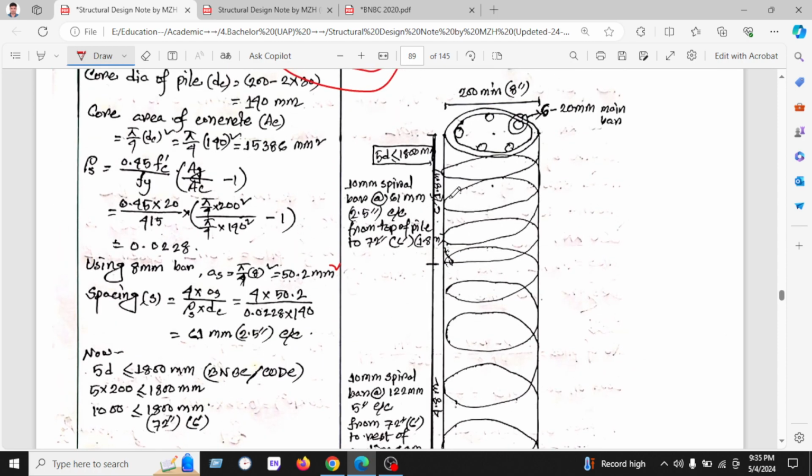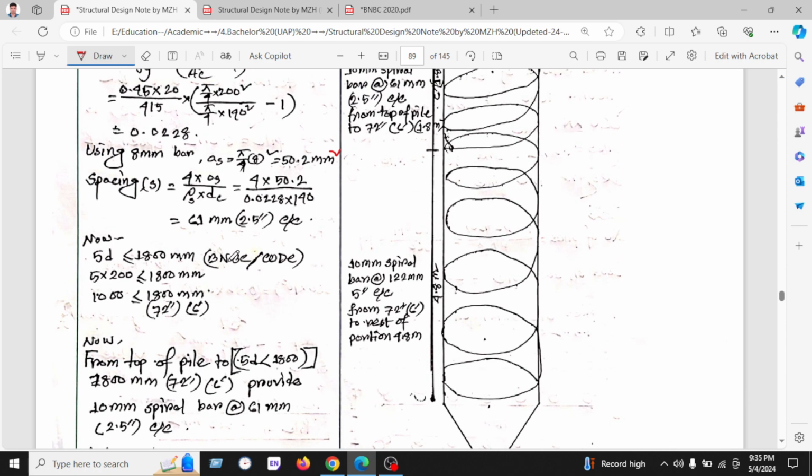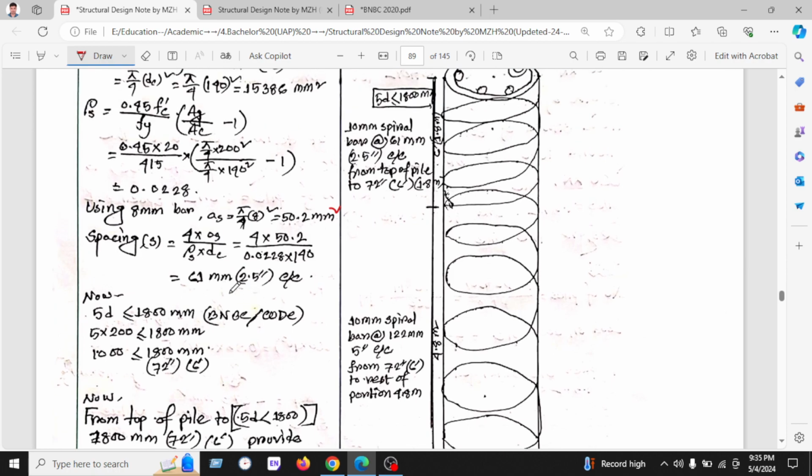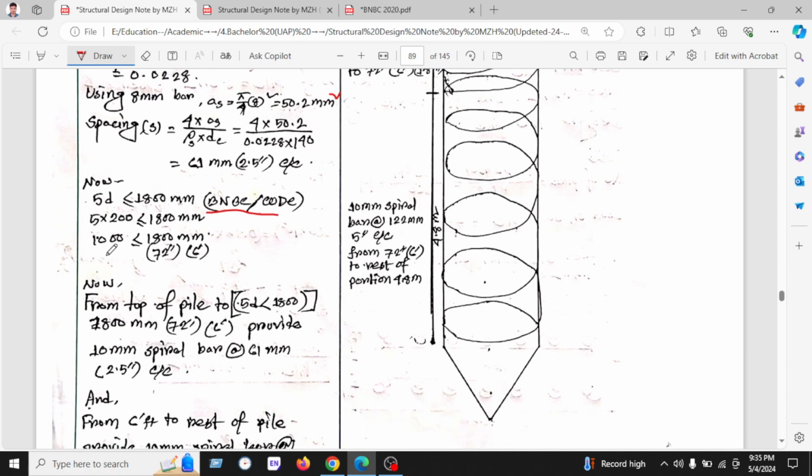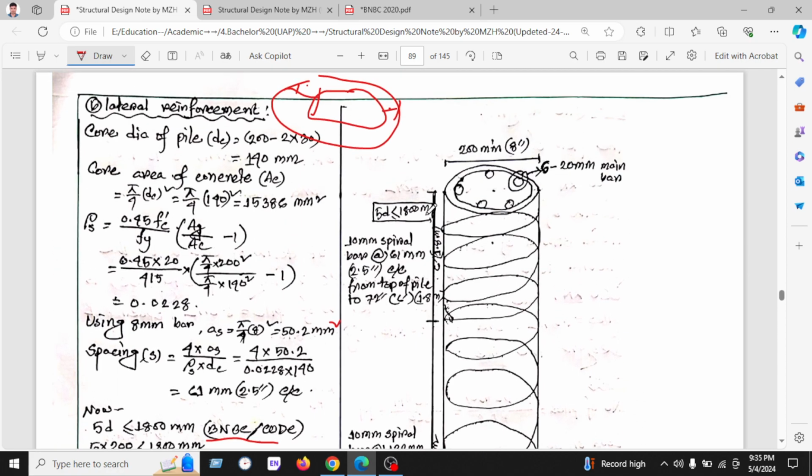As we know, the code provision says this reinforcement is only provided up to 5D or 1800 millimeter. This is the code requirement. We know our dia of pile is 5 and we have shown 1050, so we can see the value is okay. So we can use this value only up to 6 feet.